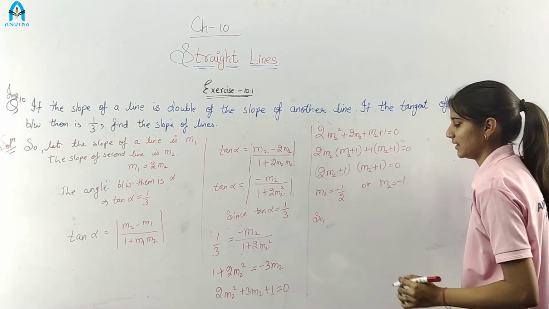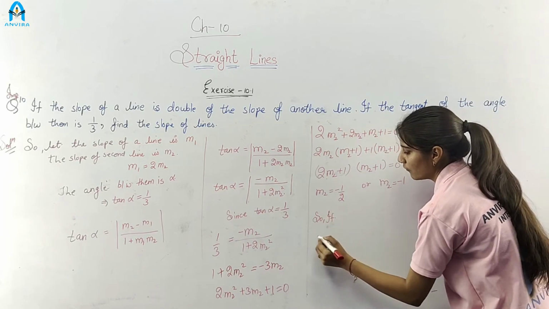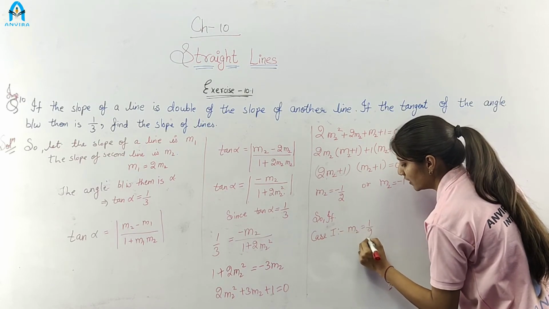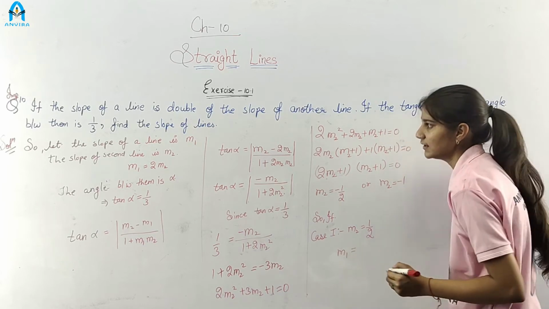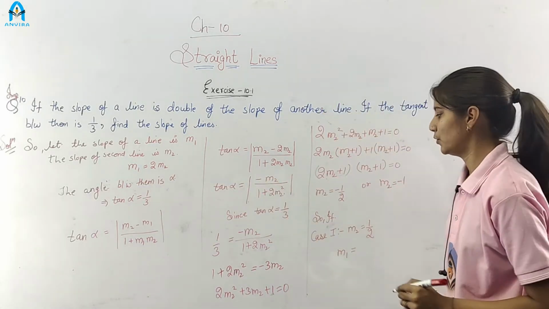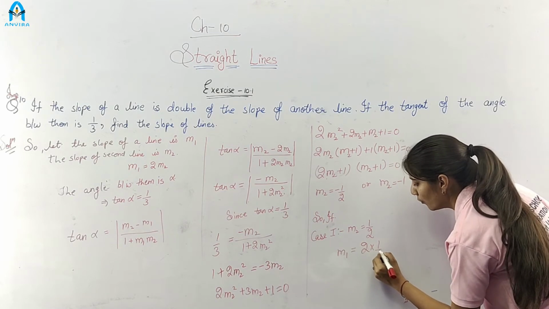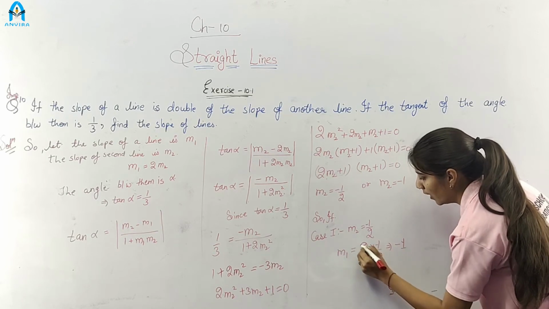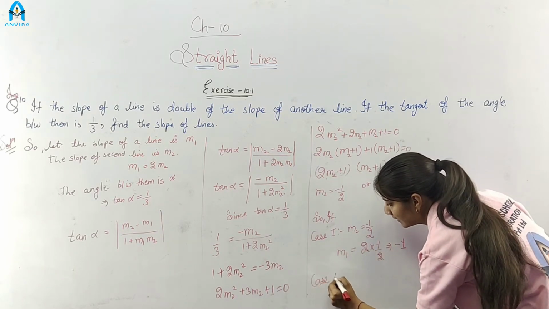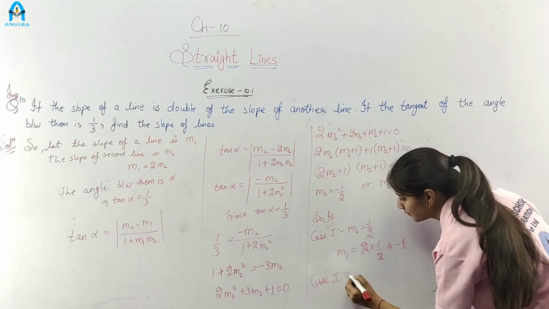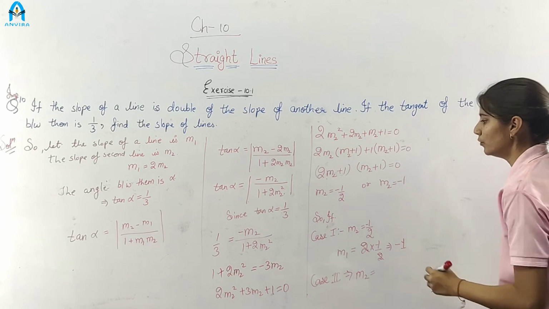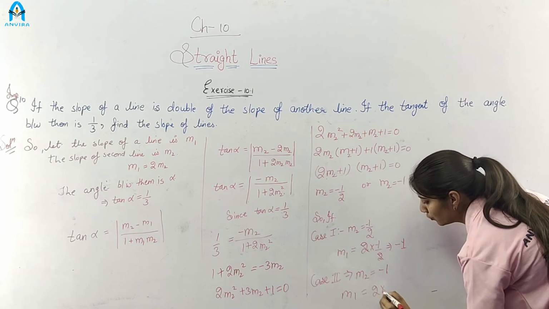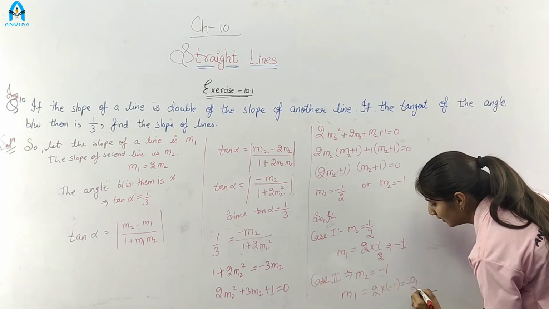So we will take cases. For case first, if m2 is equal to minus half, then what will our m1 be? m1 is equal to 2 times m2. So it will be 2 into minus 1 by 2, that is minus 1. And similarly for case second, if m2 is equal to minus 1, then m1 is equal to 2 into minus 1, that is minus 2.